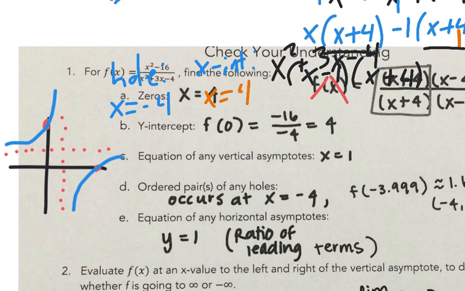A function. It does not pass the vertical line test. Everything we're doing is going to be a function. So it can't be stacked on either side of the asymptote. Think about reading it like a timeline from left to right. When I read it from left to right, I've got these two options, and that's it. It can't be both, or it wouldn't be a function.